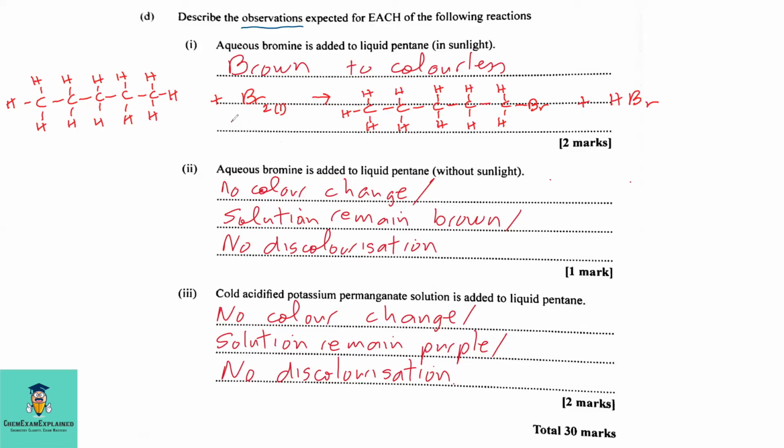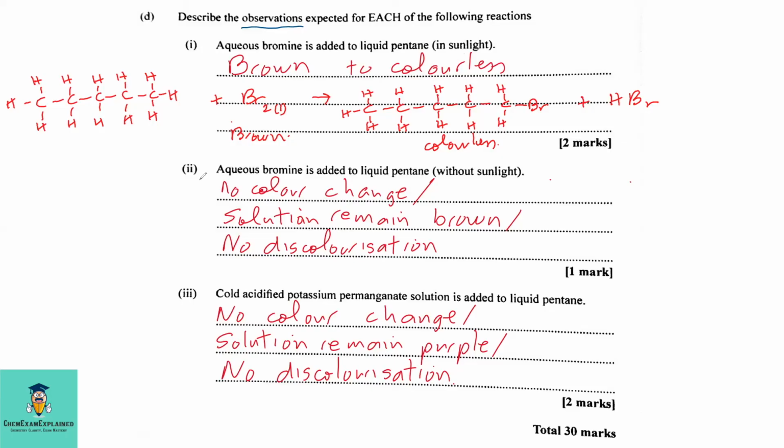So this bromine here would be brown, and when it reacts, it becomes colorless. And that is why we get the observation from brown to colorless.